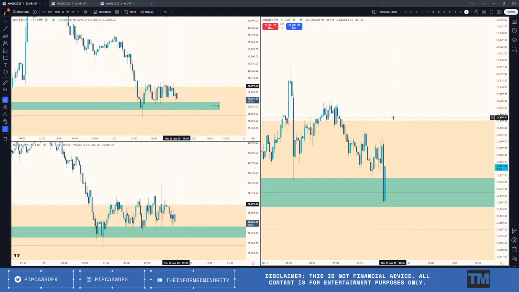If the first presented fair value gap forms before 9:40, I'm expecting a low resistance condition. But if it forms after 9:40, for my rules, I have to wait until 10 o'clock to take a trade. So those are my two things that I'm looking for and what I'm expecting based on when certain arrays are forming.